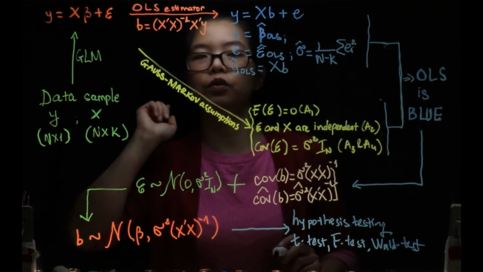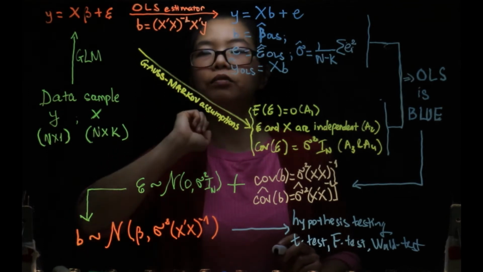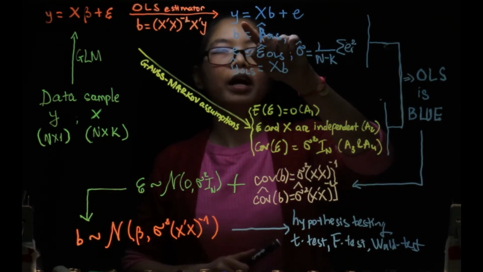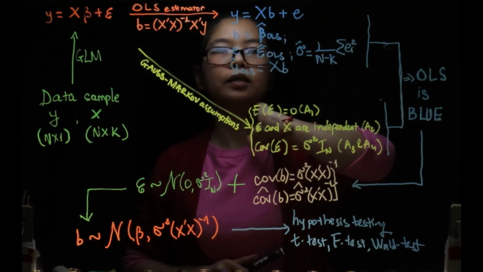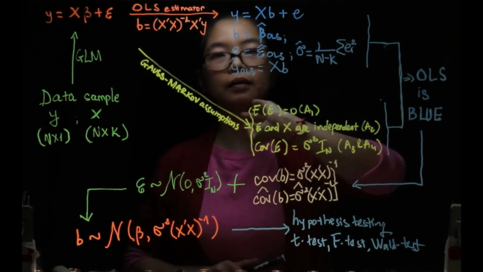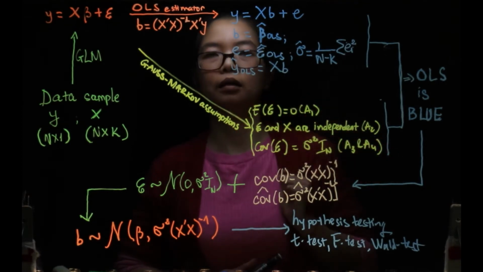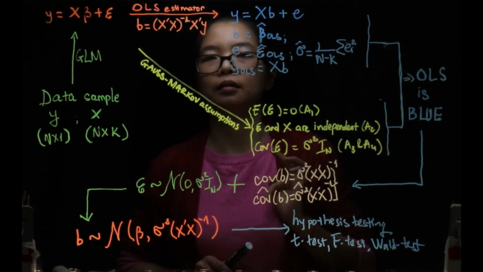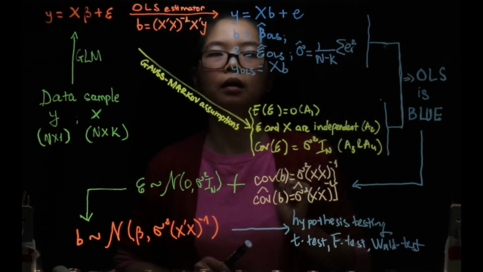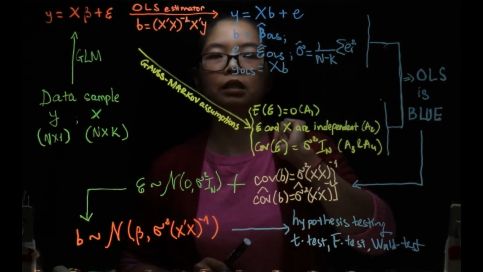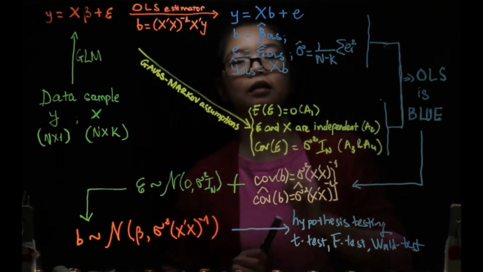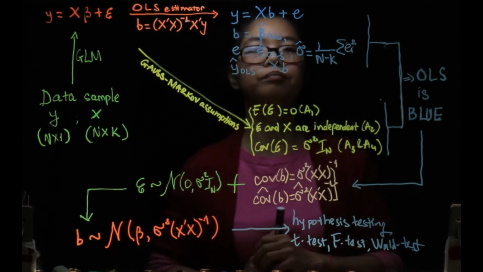Then we have seen that we could derive the OLS estimator, which is the mantra: b equals X prime X inverse times X prime y. Then we arrive at the equation y equals X times b plus e, where b is the OLS estimator, e is the estimated residual for the epsilon, and the predicted value of the dependent variable is collected in X times b.